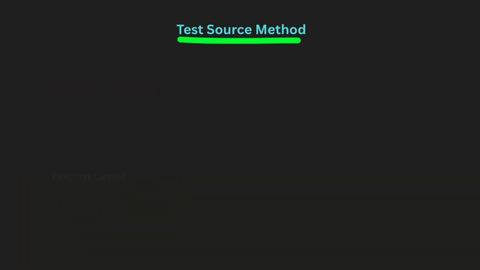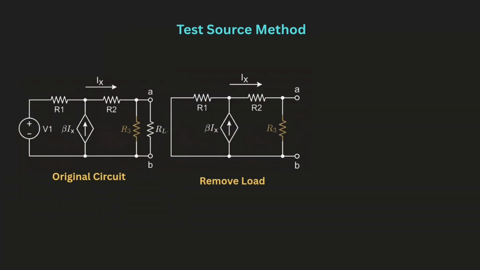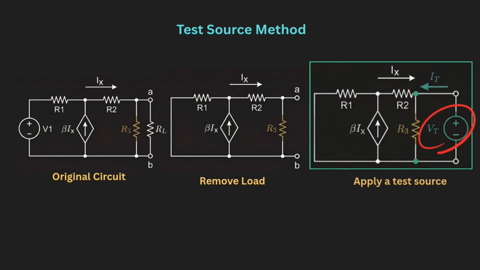Test source method. After removing the load and deactivating the independent sources, keep the dependent sources active. Now apply a test source at the output terminals. It can either be a test voltage source VT or a test current source IT. Then calculate the corresponding current or voltage. The Thevenin resistance is VT by IT, or test voltage by test current.